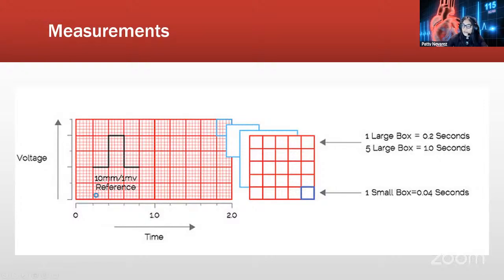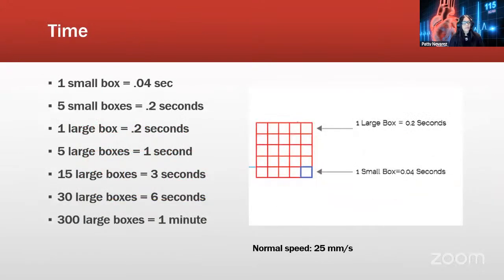So when we add 0.2, 5 large boxes is going to give us 1.0 seconds. Okay, and then we have the 10 millimeters. So let me explain that on the next two slides. But for now, let's talk about time.